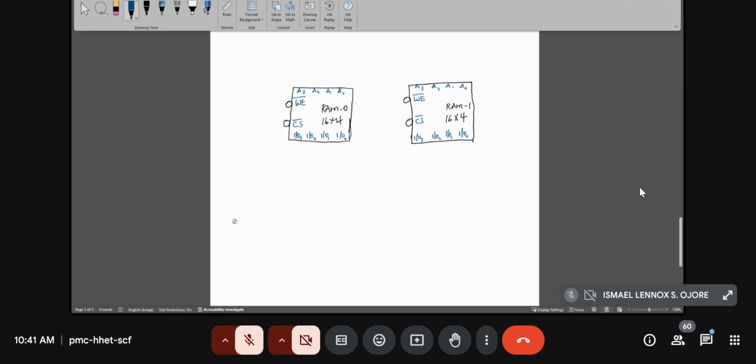So the question is, how do we connect the various lines? Each of these chips would be storing half of the word, so that in total we can have 8 bits. So our output data will actually be 8 input-output lines.